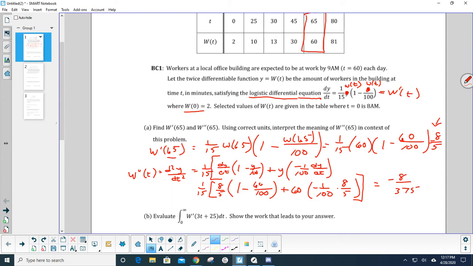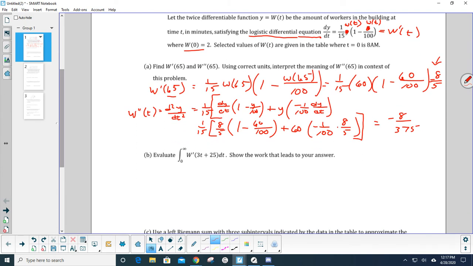So you want to go ahead when you're doing this, when you're talking about in the context of the problem, you want to talk about the second derivative at 65. So if I'm coming in here, I'm going to write about it.